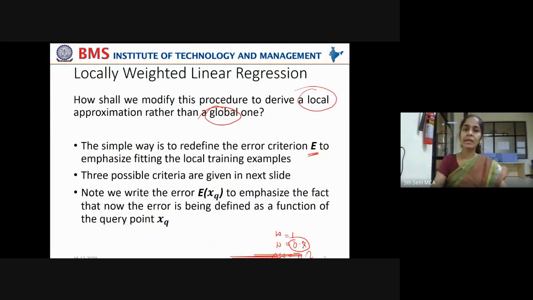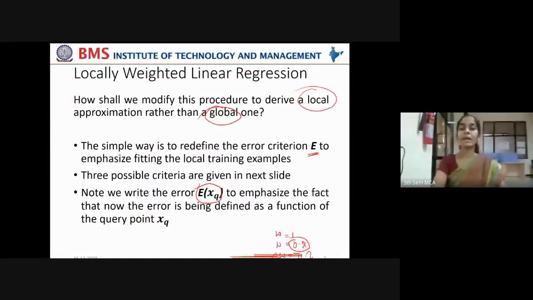Now the simple way to redefine that error criterion E to emphasize fitting the local training examples is to consider 3 possible criteria. I'll show you what the criteria are. Note we write the error E of xq to emphasize the fact that now the error is being defined as a function of the query point xq. That is what I said.